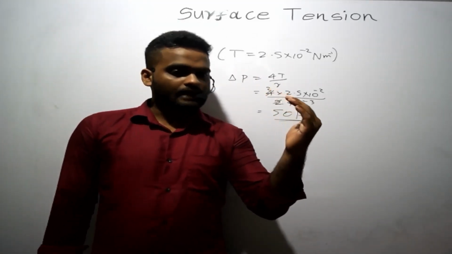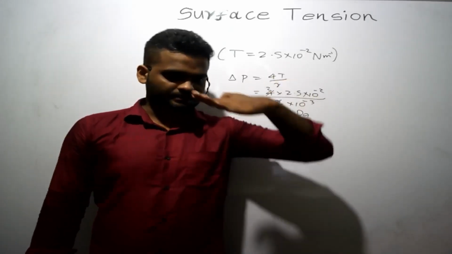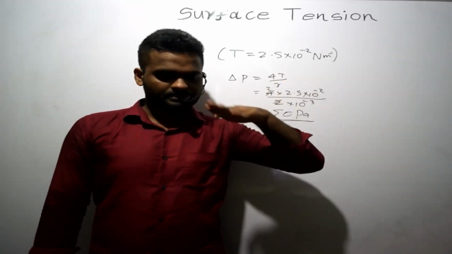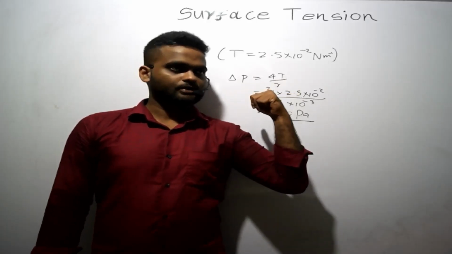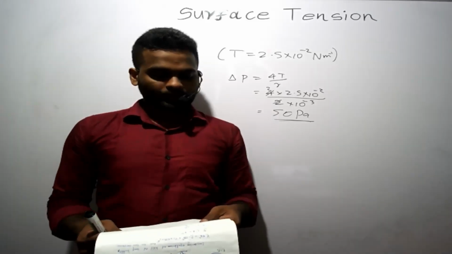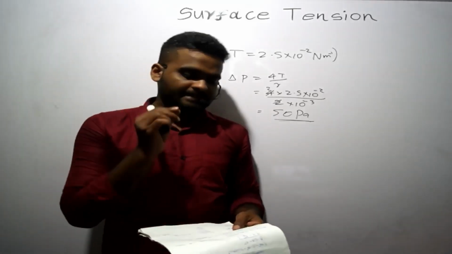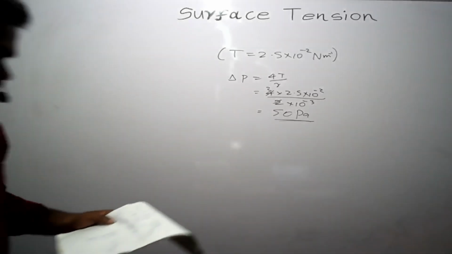So whenever you have a soap bubble, or it could be a meniscus. Remember those liquid meniscuses? You can use this equation, right? You can use this equation. Write down a point.